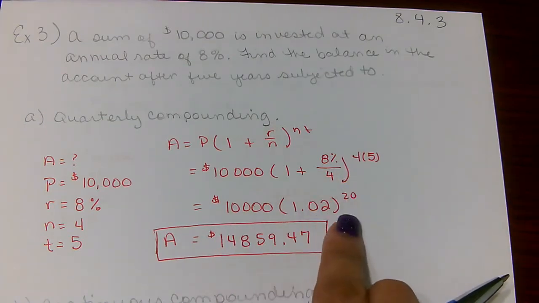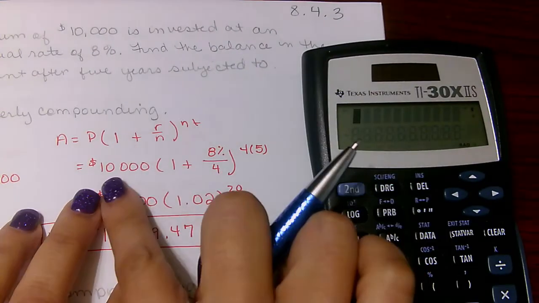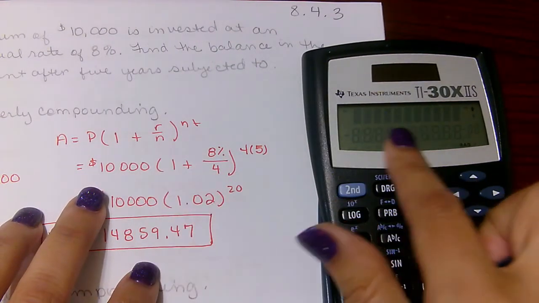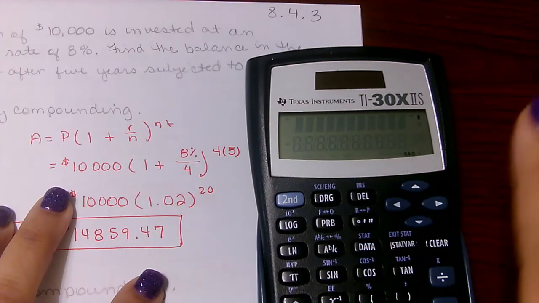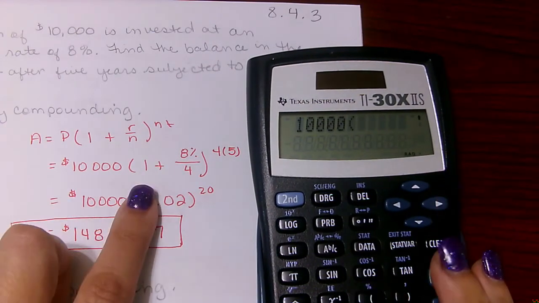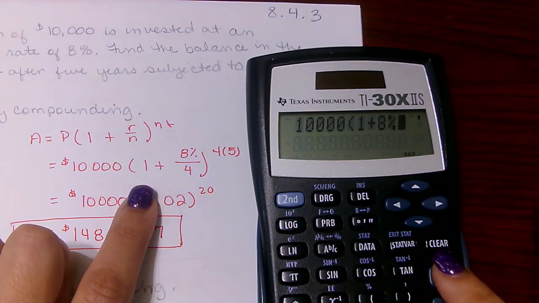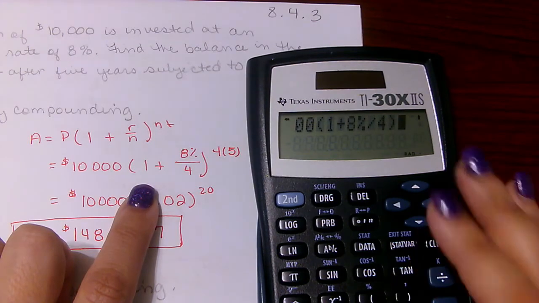I wrote the information down here, but I'm going to go ahead and show you how to do the exact formula in the calculator. We're going to do 10,000 parentheses 1 plus 8% divided by 4, close the parentheses.